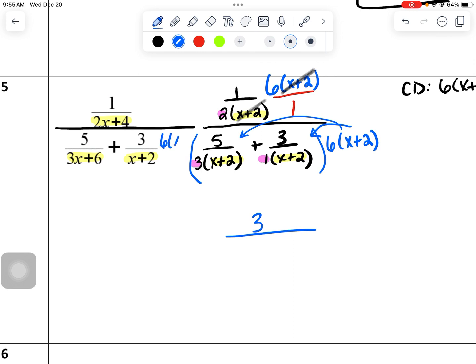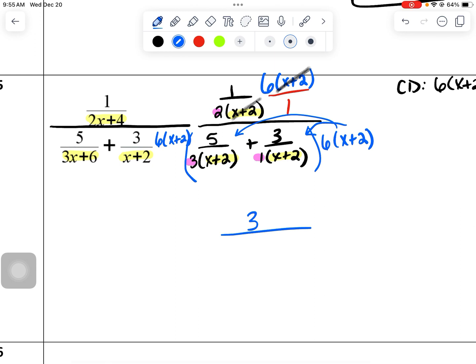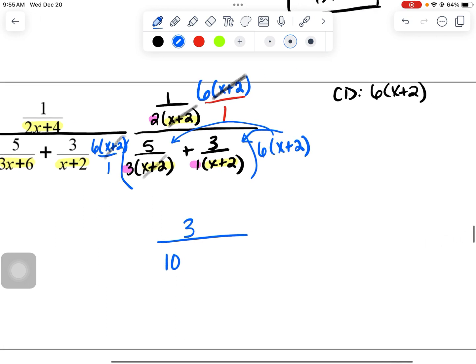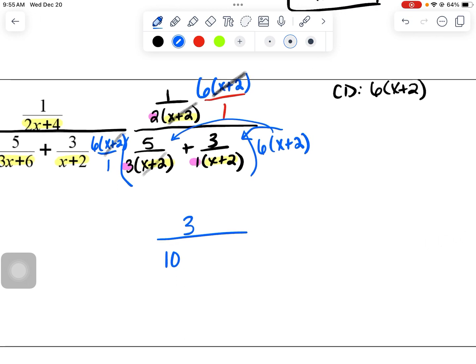So on this side, when I multiply by 6 times x plus 2, I'm going to be able to simplify the x plus 2's, and I'm going to be left with 6 times 5, which is 30, divided by 3, which is 10. And then this side, we're going to divide out the x plus 2's, and remembering that's over 1, I'm going to be left with just 6 times 3, which is 18.